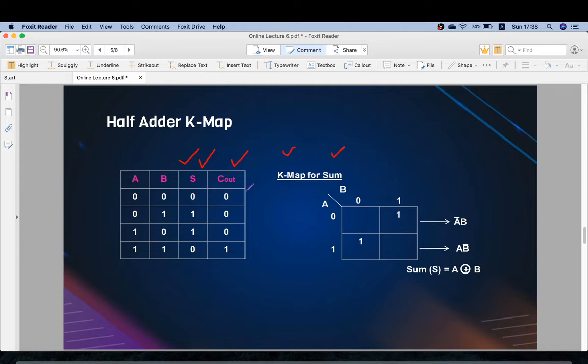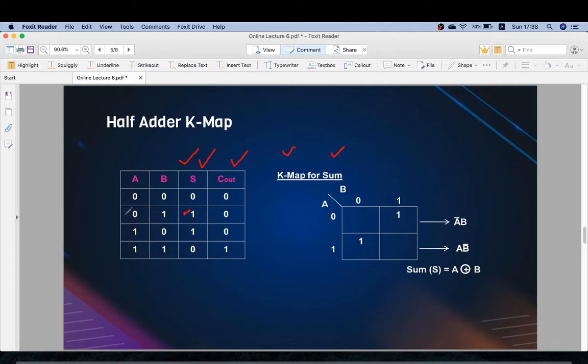But if you are solving as per POS, then you will take 0. I am always taking the SOP form, so I always take 1. So while making the K-map for sum, I will take 1 for drawing the K-map.